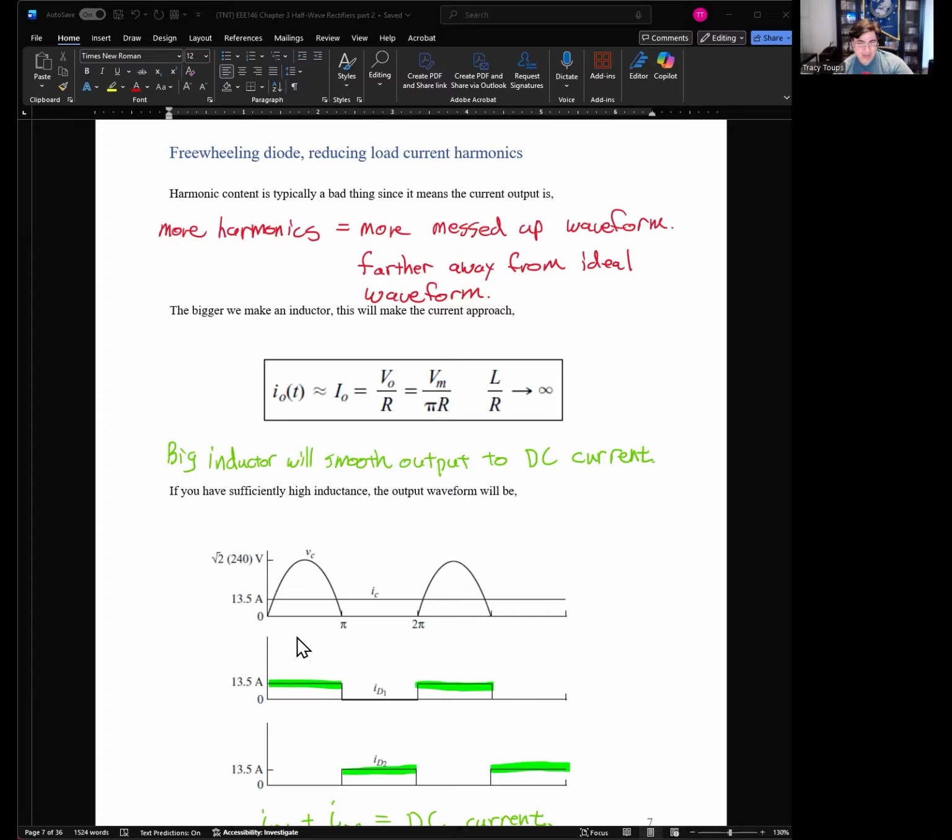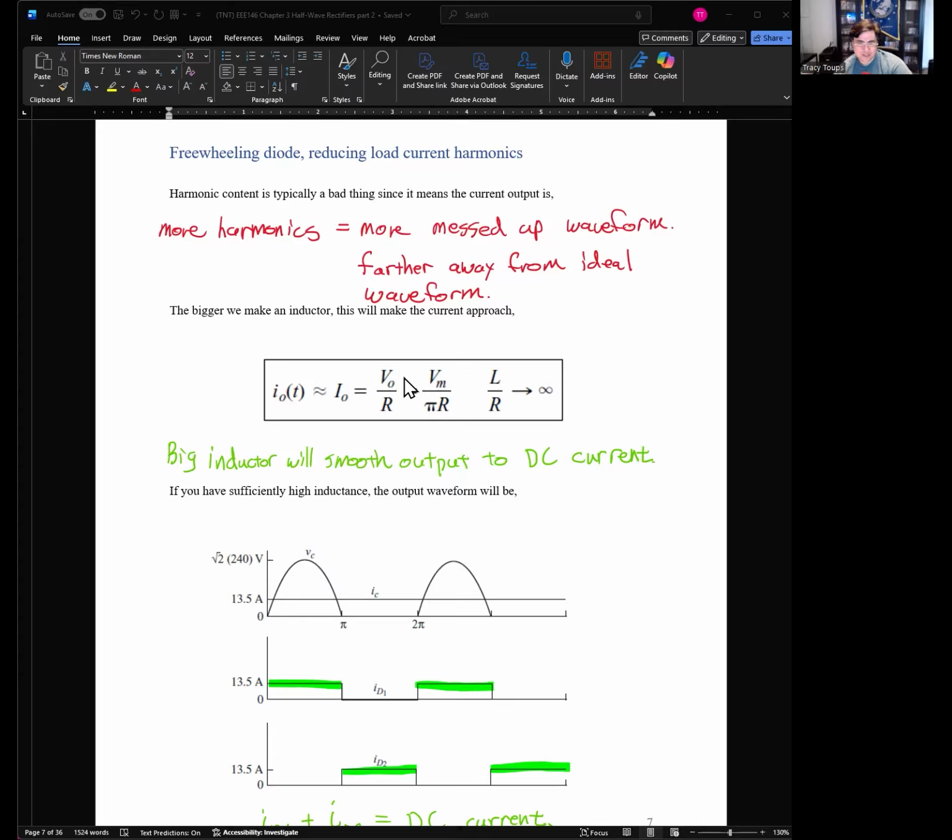You might have this output voltage here, 0 to 180 degrees, then it's flat, and then again it's flat. But with a giant inductor, we can make the current so flat you're not even going to be able to see it. There'll always be a little wiggle, but to the naked eye you won't see it. From a circuit analysis standpoint, it's going to be less than 1% ripple. It's not going to be a big deal. You could ignore it.